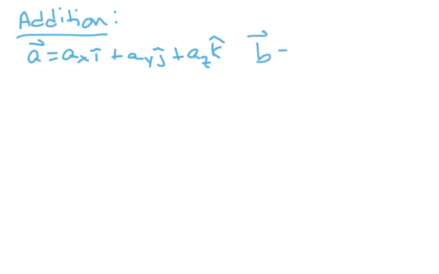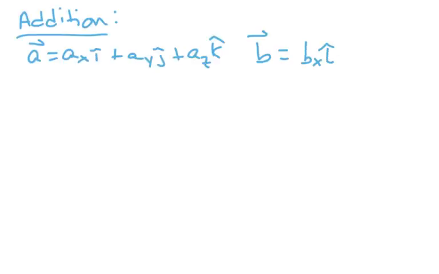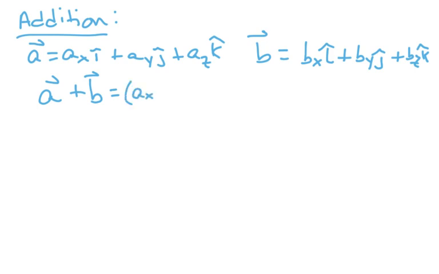If I had a vector B, and again, it has its 3 dimensions, and we needed to add these two vectors together, you would just add whatever value is in front of the vector.